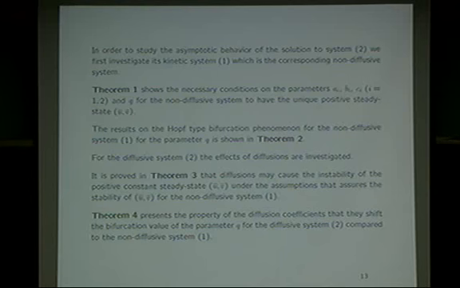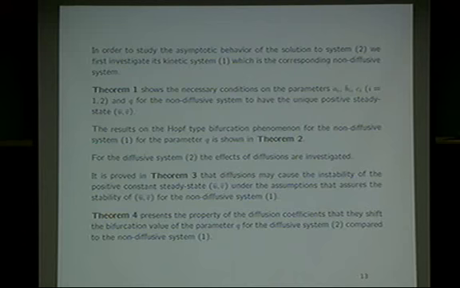And in Theorem 1 and 2, we will study the ODE type of system. And in Theorem 3 and 4, we will study the diffusive system. And we will see the effects of diffusion rates for the asymptotic behavior.